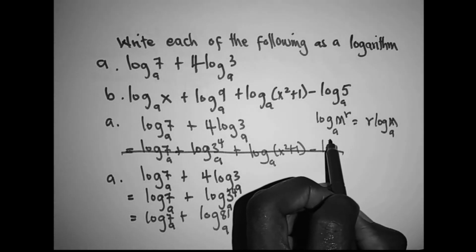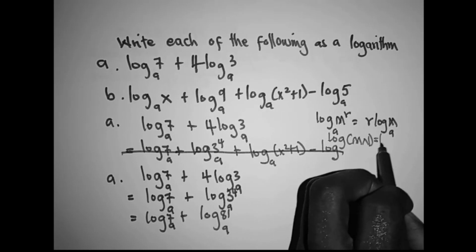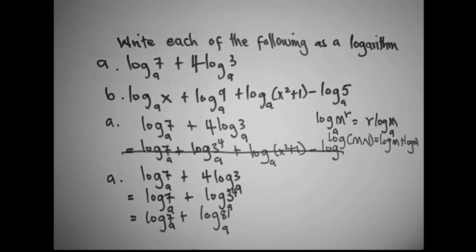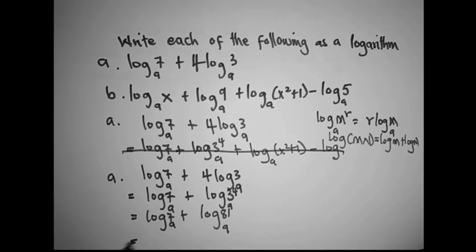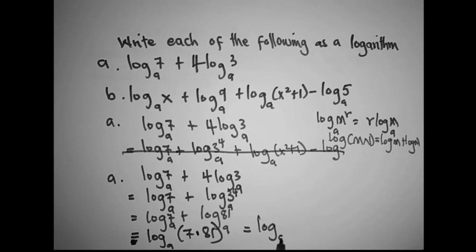Then you remember that log mn is equal to log m plus log n. So the opposite is also true, and therefore we can write this as a single log. That will be log base a of 7 times 81, and this is equal to log base a of 567.